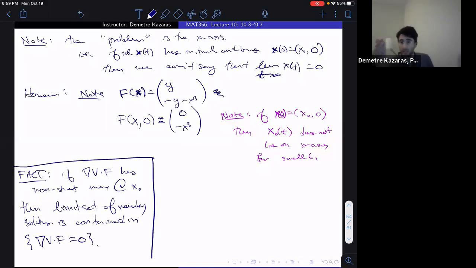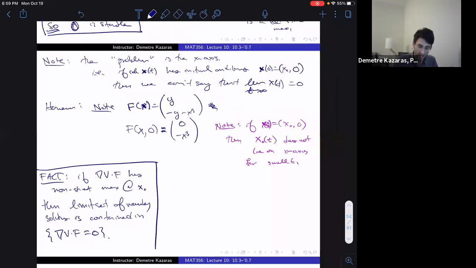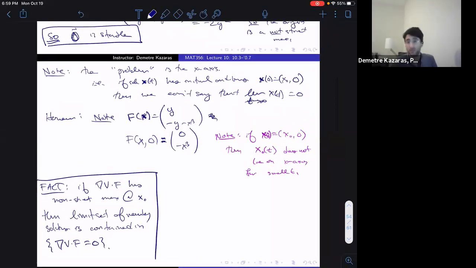So what does that say for us? Well, it tells us that our logic is correct. The region where the gradient of V dot F vanishes for our situation is the x-axis. Now we know from this fact that the limit set of nearby solutions has to be contained there.